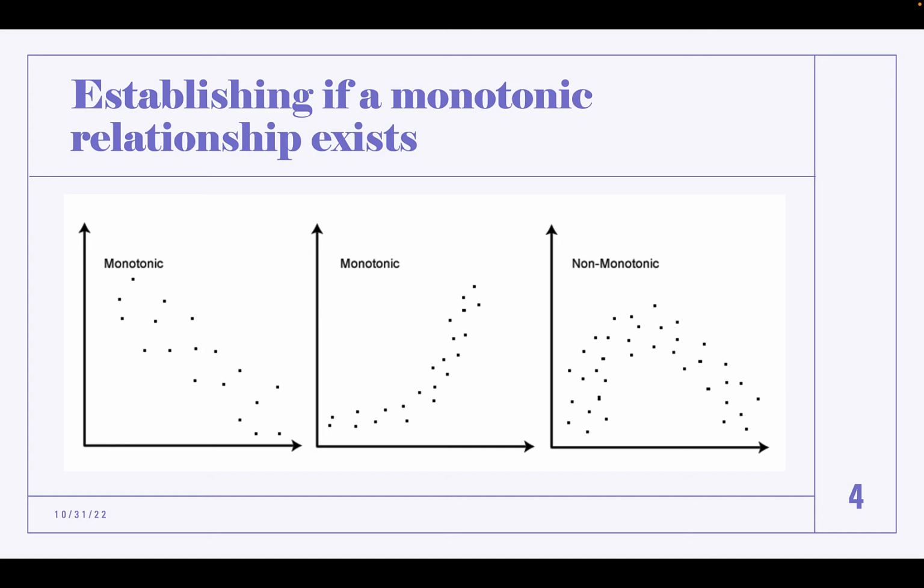So it's not going to have that linear assumption to it. And so we would want to use Spearman rho here. And then on the right, we've got the non-monotonic scatter plot, and so we see that parabolic relationship, and so there the monotonicity would be violated, and we would not be able to use Spearman rho on that last scatter plot.